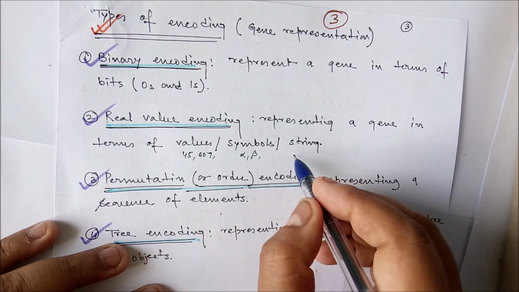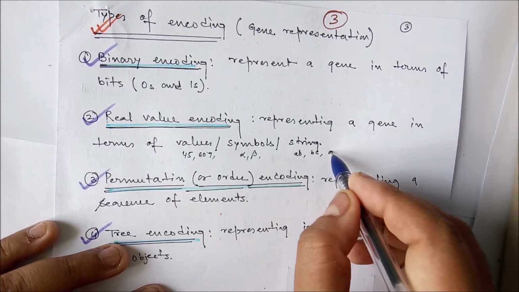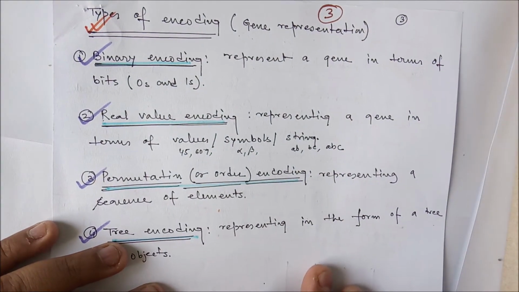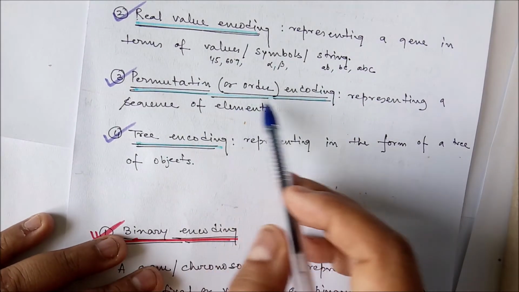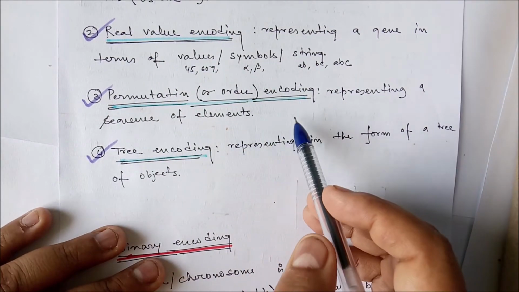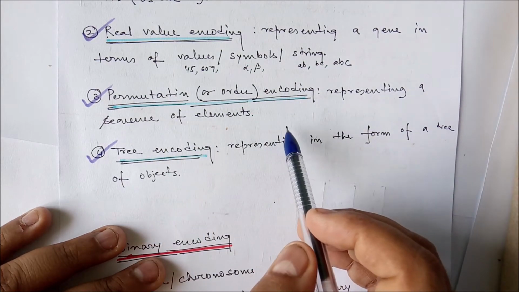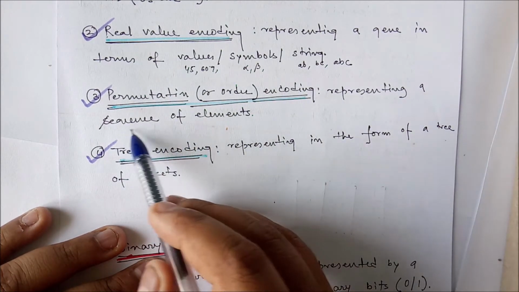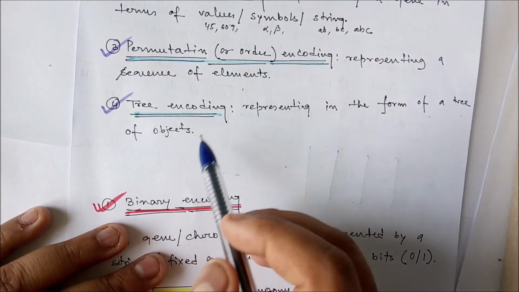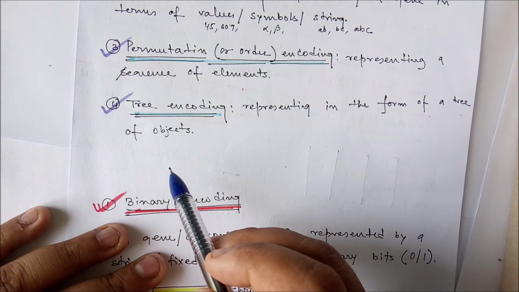Strings may be A, B, C. Permutation or order encoding represents a sequence of elements. We will discuss this while discussing the traveling salesman problem. And tree encoding represents a gene in the form of a tree of objects.